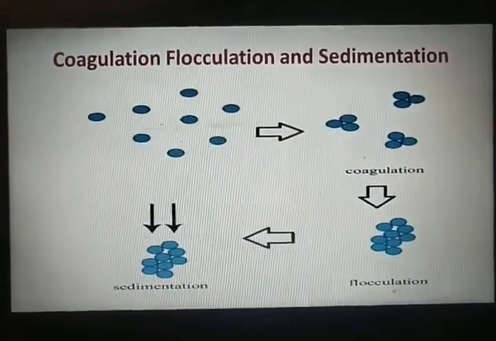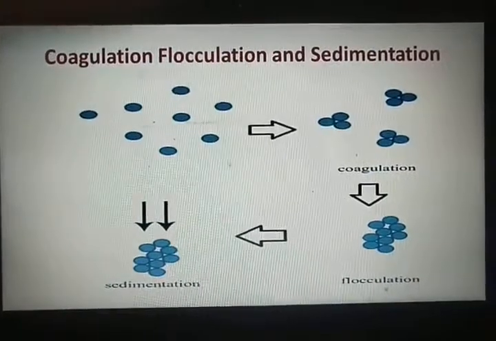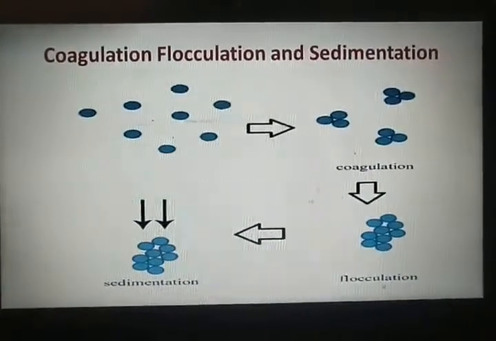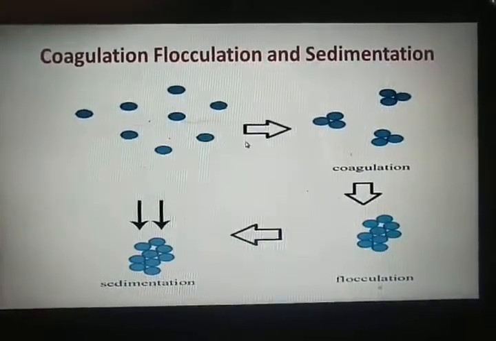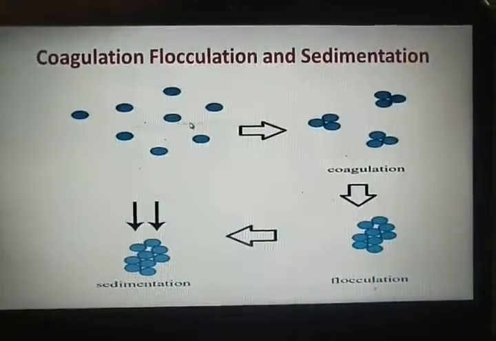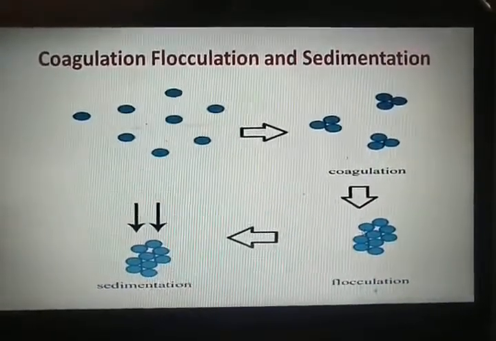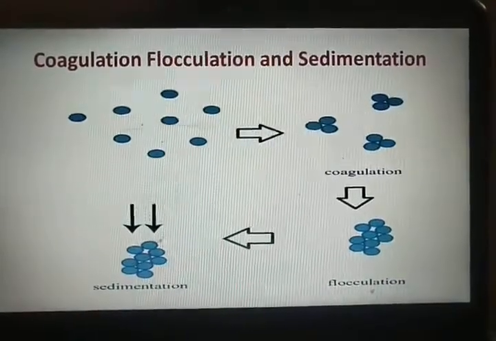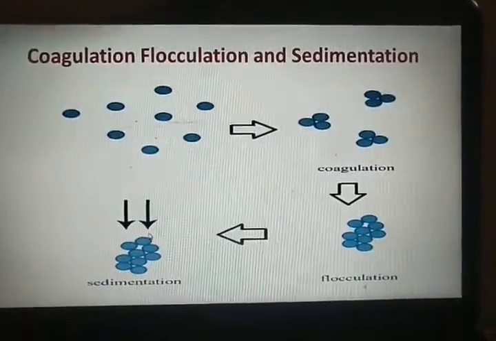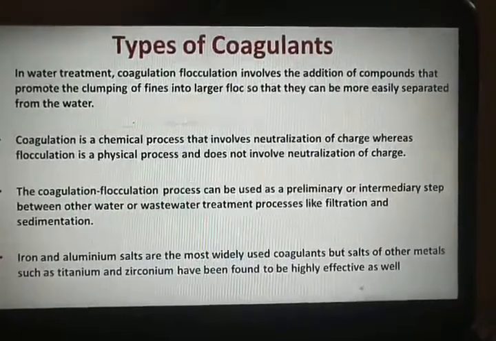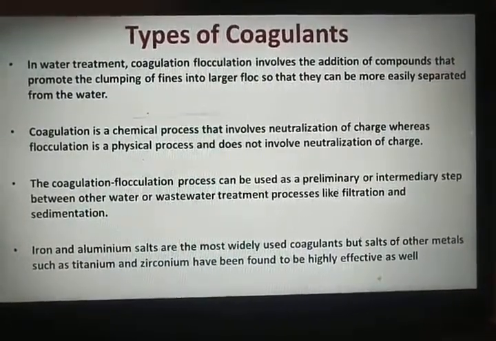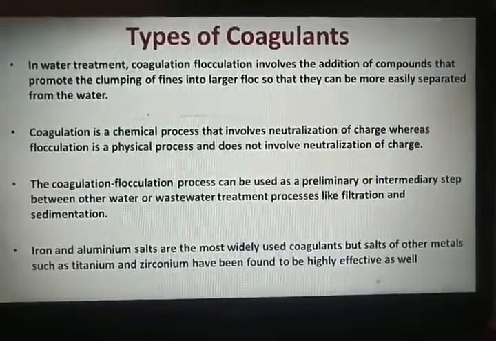Okay, so this is the cycle of coagulation, flocculation and sedimentation. The first step is coagulation, the second is flocculation, and the third one is sedimentation, that is settlement of the particles. Okay, so coming to what are the different types of coagulants.